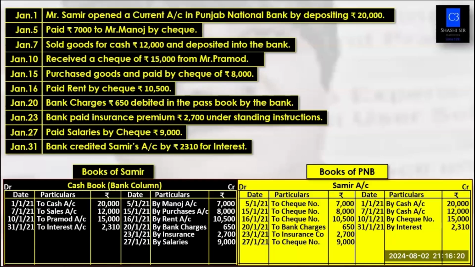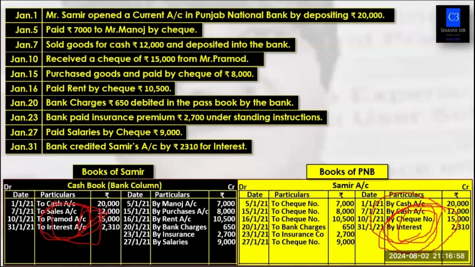An important point here is that all the transactions that have been recorded on the debit side of cash book have also been recorded on the credit side of Samir's account. The debit side of the cash book, this side, is similar to the credit side of this Samir's account.